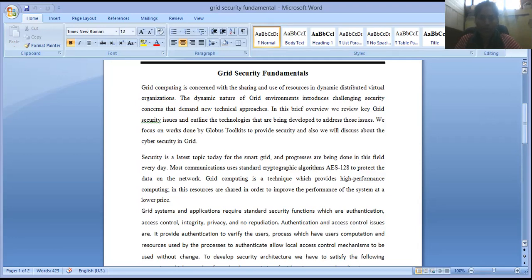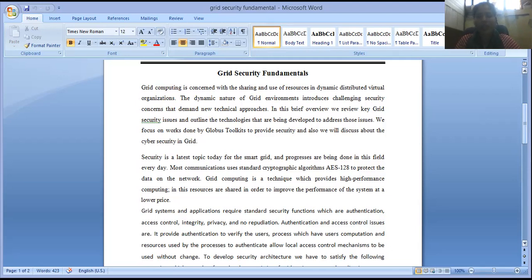Now we focus on the working of the Globus toolkit to provide security, and also discuss cyber security in grid computing, in which we use various security techniques and algorithms like RSA. I am not discussing that in detail here because it belongs to other subjects.